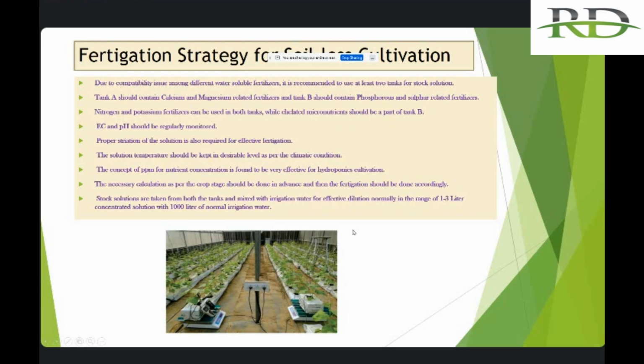After making these two tanks, tank A and tank B, these are the stock solutions. The stock solutions can be mixed with the irrigation water: 1 to 3 liters should be mixed with 1000 liters of normal irrigation water for the plants.